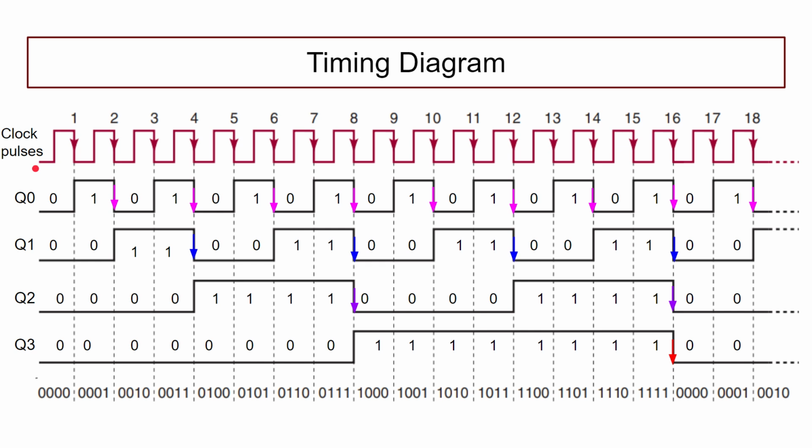In the timing diagram, whenever the external clock pulse is negative going, the value of Q0 changes from 0 to 1 or from 1 to 0, and similarly whenever Q0 is negative going, Q1 changes from 0 to 1 or from 1 to 0, and likewise whenever Q1 is negative going, the value of Q2 changes from 0 to 1 or from 1 to 0, and finally whenever Q2 is negative going, the value of Q3 changes. So, this is the change that is happening.